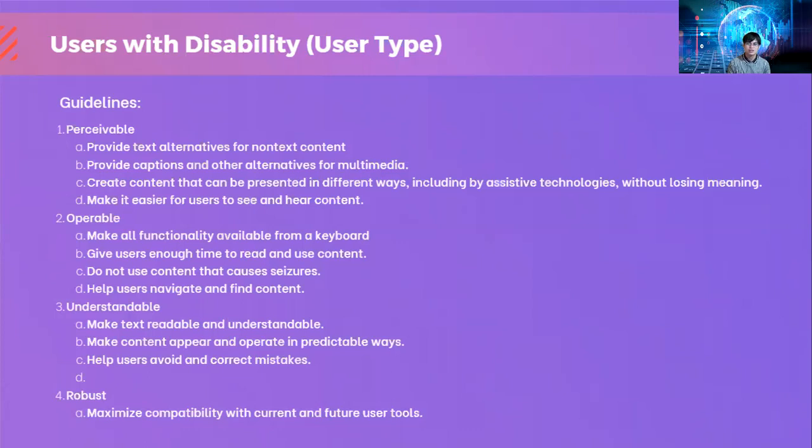For copy and paste, Control C and Control V should work. Give users enough time to read and use content, do not use content that causes seizures, and help users navigate and find content. So there should be a feature that helps the user.